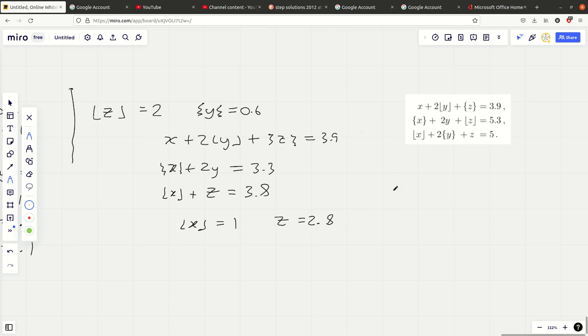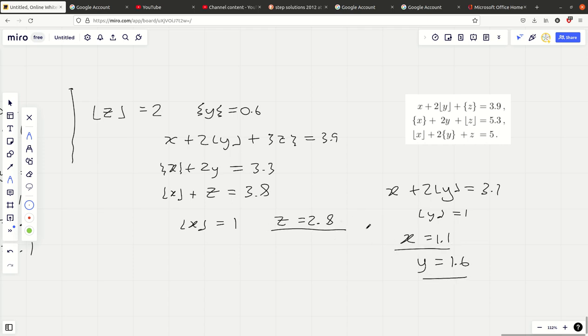Plugging the 0.8 in here, we get x plus 2 times the integer part of y is going to be 3.1. And now thinking carefully about this, the integer part of y must be 1, x must be 1.1, and y must be 1.6, looking at the other information we've got there.